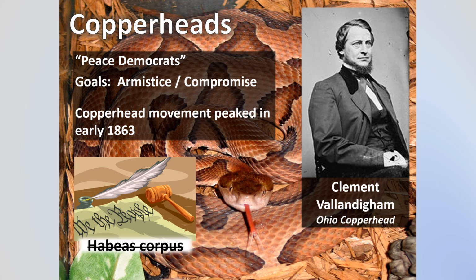Especially among the border states, Lincoln is going to say you don't need habeas corpus to throw somebody in jail. He's basically going outside the Constitution to prevent insurrection. And Clement Vallandigham was an Ohio Copperhead who was very critical of Lincoln, and he is going to end up getting arrested.